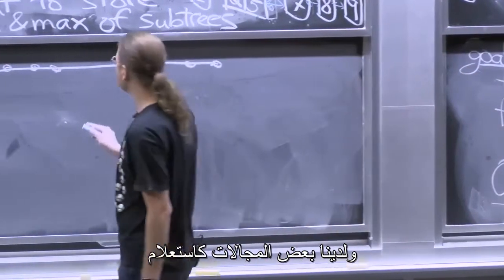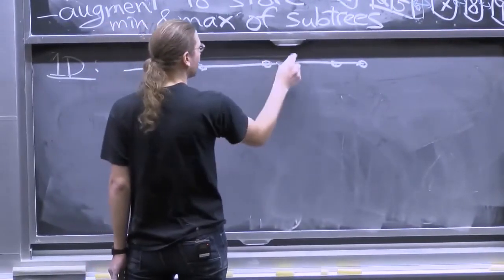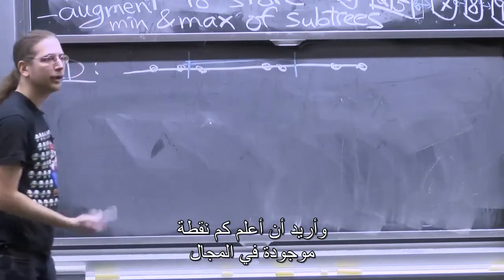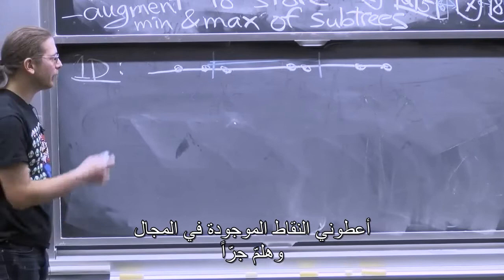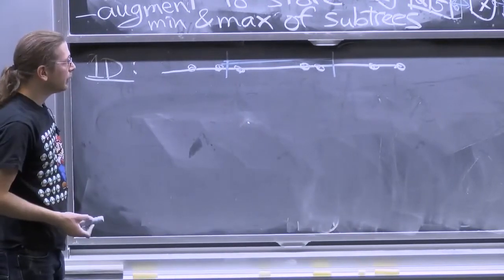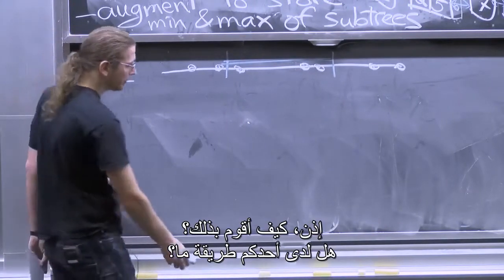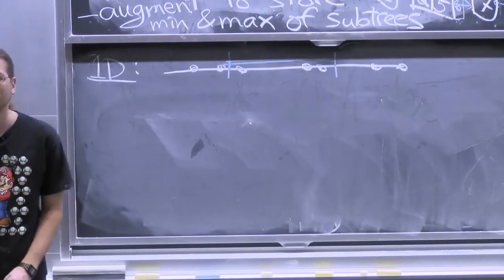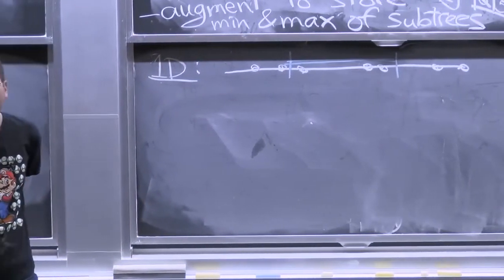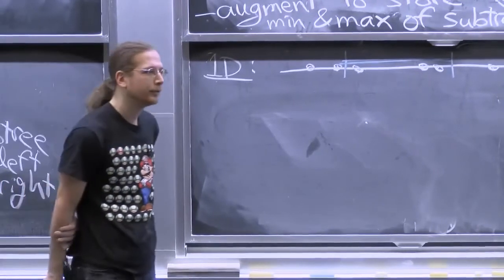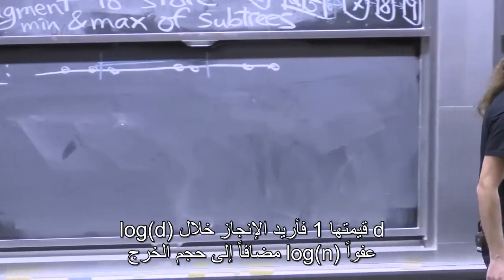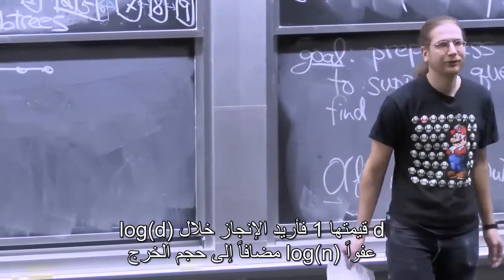And I'm given, as a query, some interval. And I want to know how many points are in the interval, give me the points in the interval, and so on. So how do I do this? Many ways. If d is 1, I want to achieve log n plus size of output.